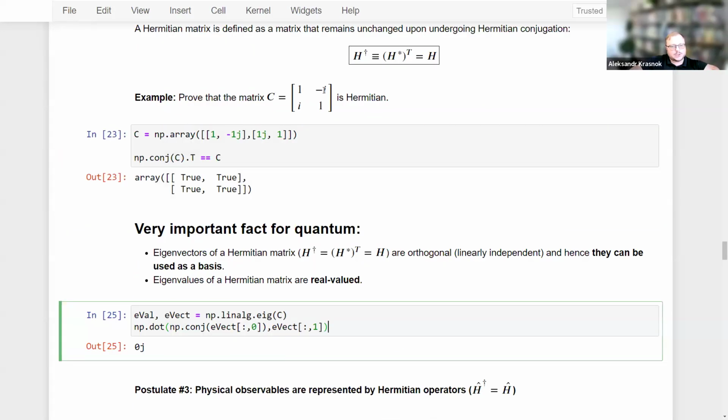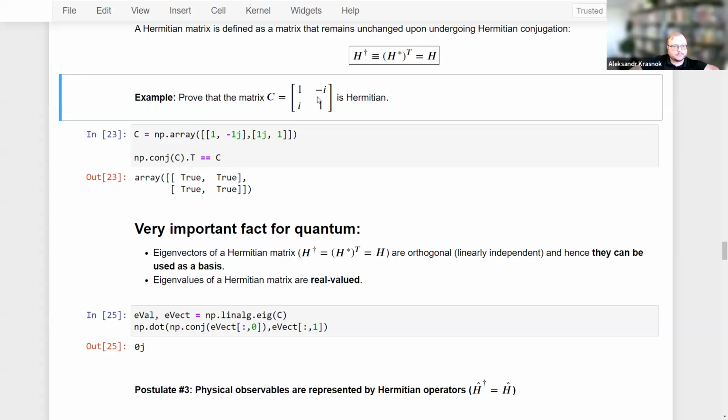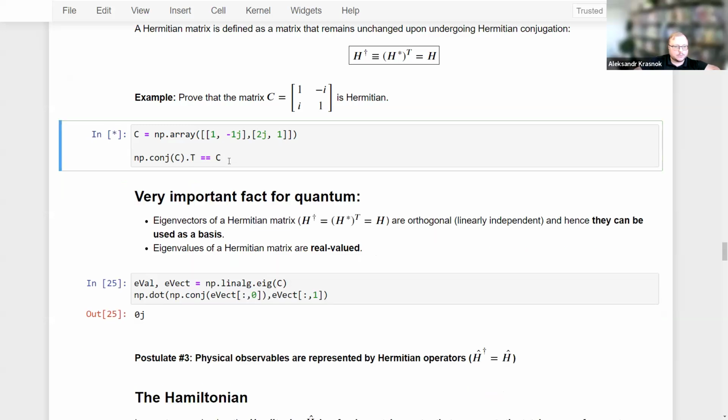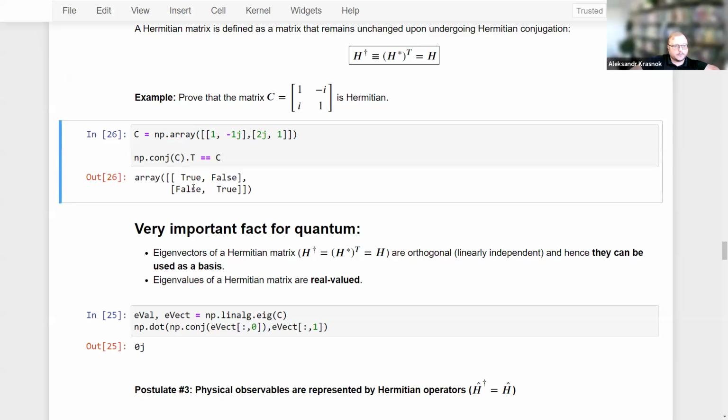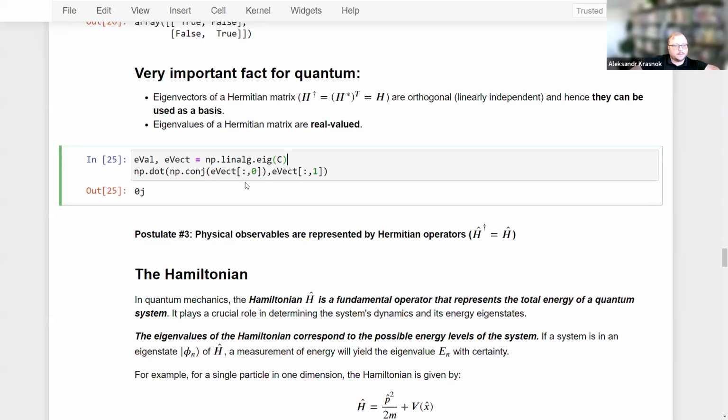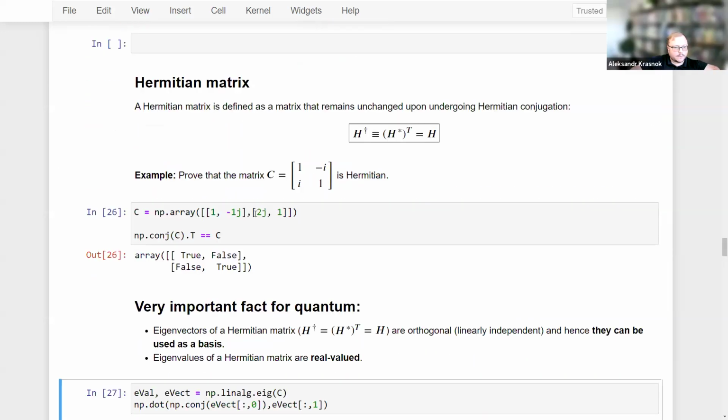If I change this matrix somehow, for example, do 2 here. Okay, so now this matrix won't be Hermitian. We see false, false, and this product most likely will be something else. So these vectors are not orthogonal.